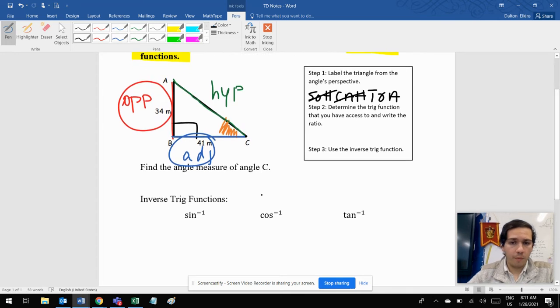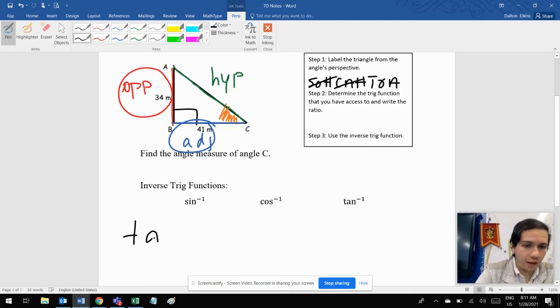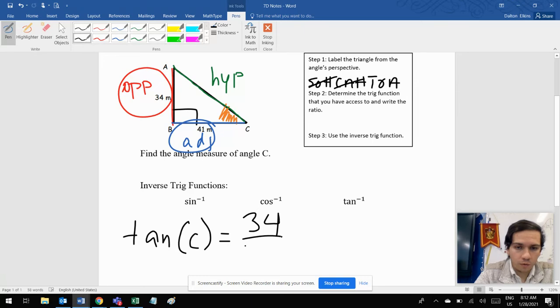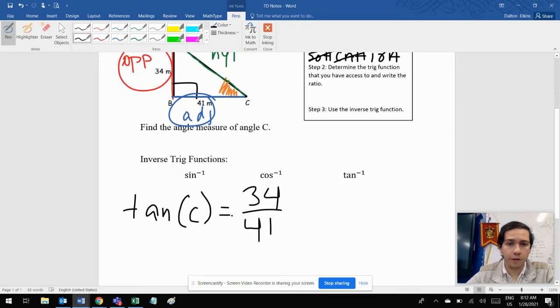So we're going to ignore this for one quick second. I'm going to write up my ratio here. We have tangent of C is equal to 34 over 41. Okay. So C is kind of locked into the tangent, right? We have to figure out how we're going to get it out of the tangent.